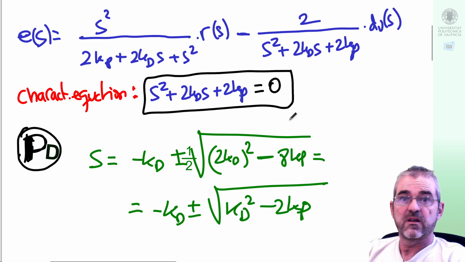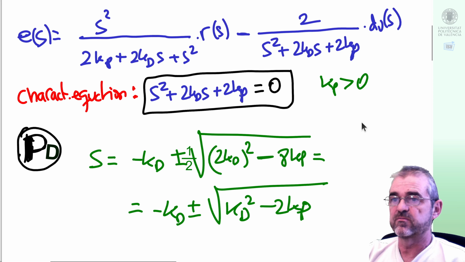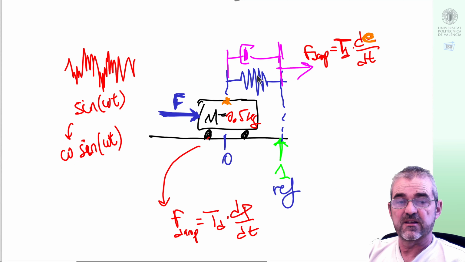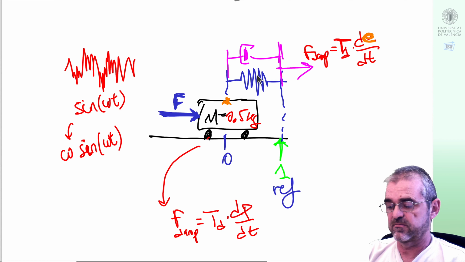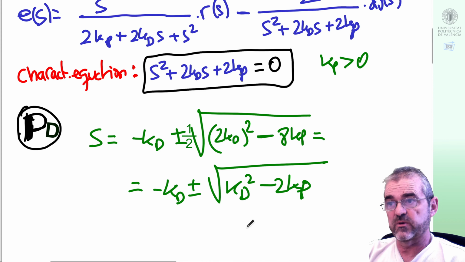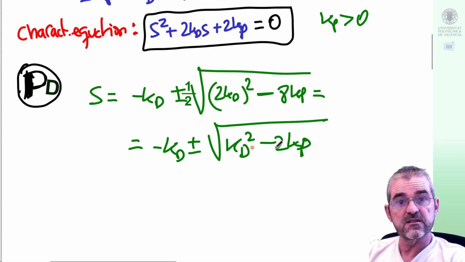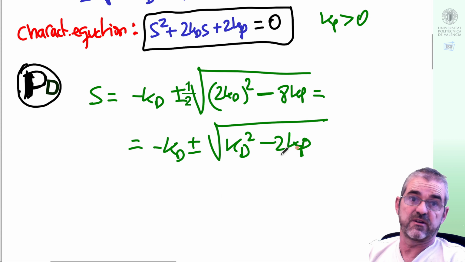And then if we assume kp positive, so this is analogous to a normal spring pushing towards the set point, which is the right thing to do, then we have several situations depending on whether the sign inside this square root is positive or negative.